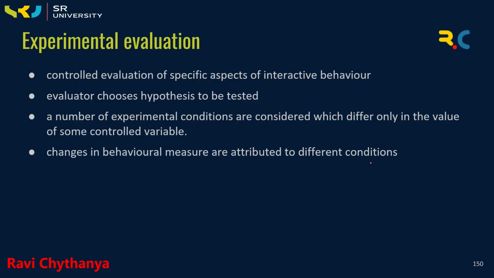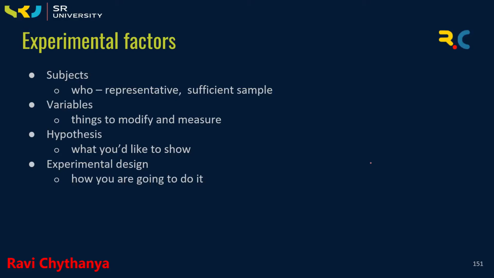Okay, so you are going to work on the system in real time, and you are going to evaluate the system for flaws or problems in the design. And the experimental factors here are the subjects, variables, hypothesis, and experimental design.